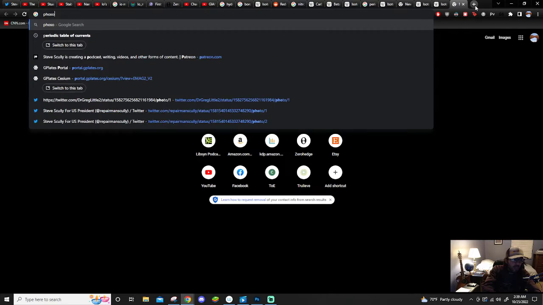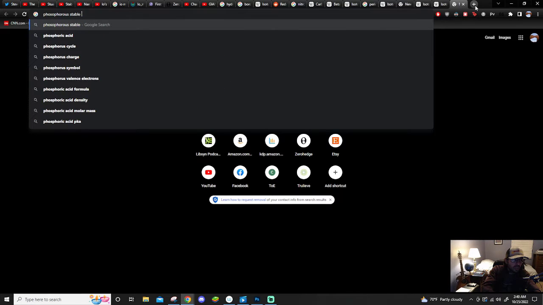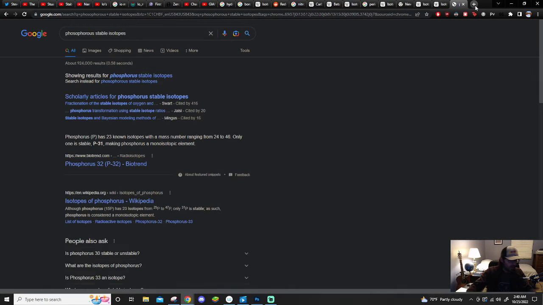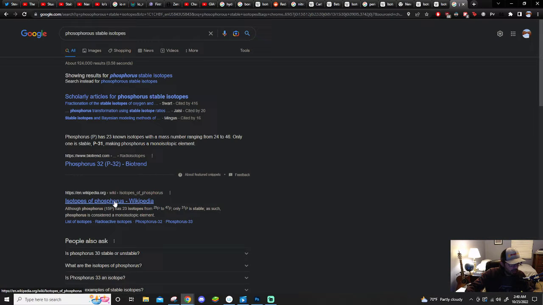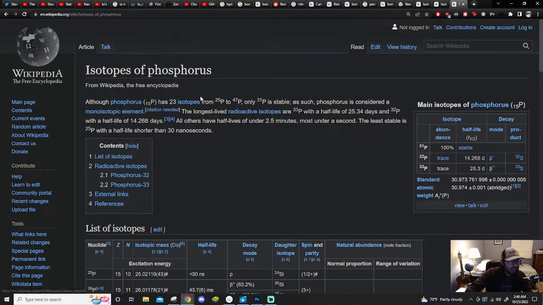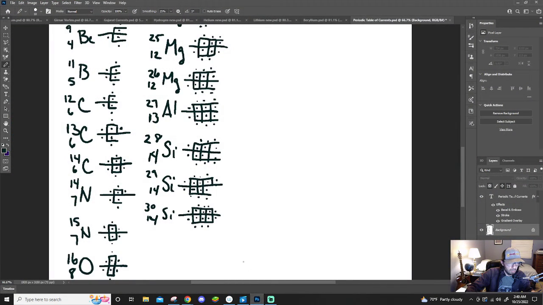Phosphorus. Only 31. Is that this shape? No. It is.